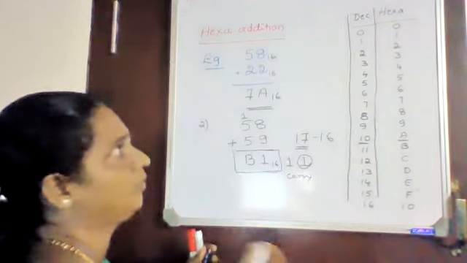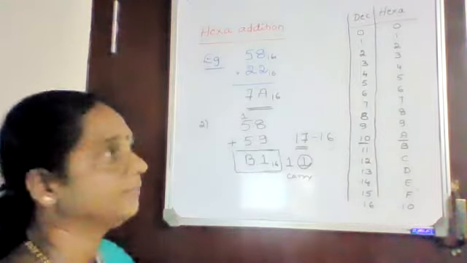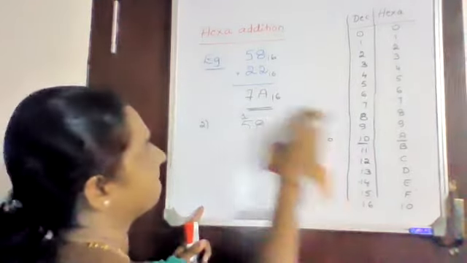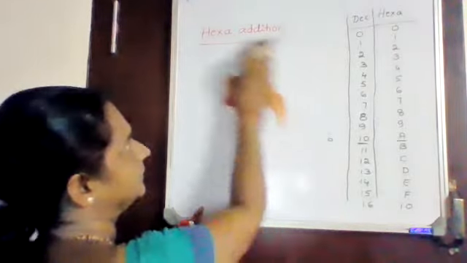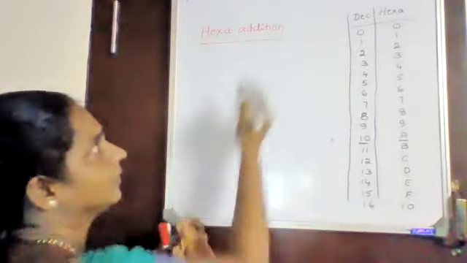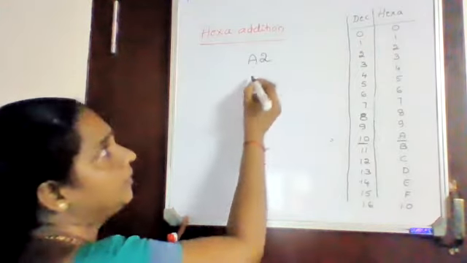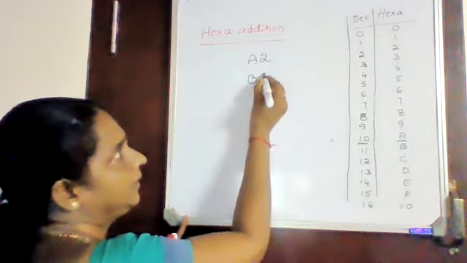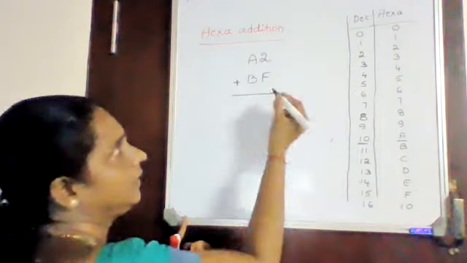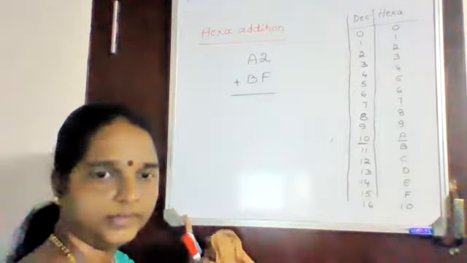Now, one more value we'll take, a little bigger value we'll consider. A2 added with BF. Okay, A2 added with BF.